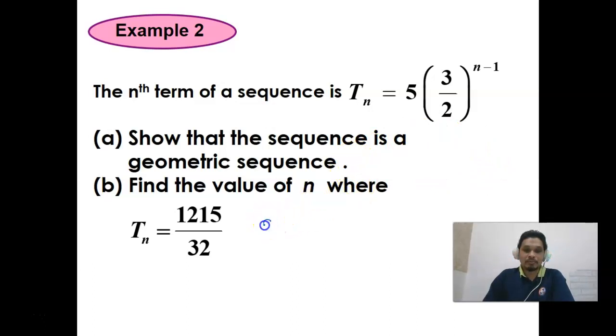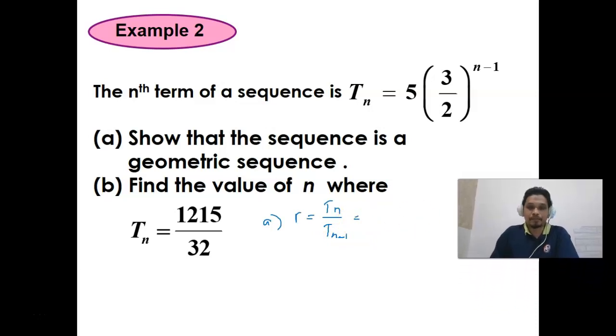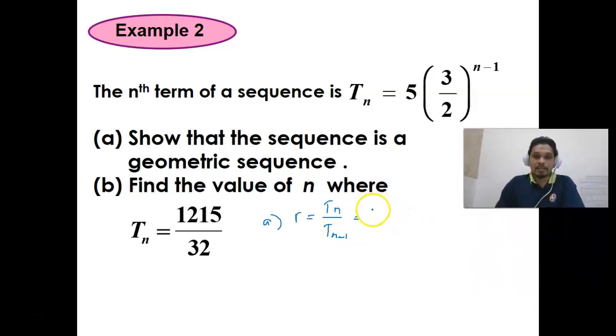let's find out where r equal to Tn divided by T of n minus 1. Okay, so Tn equal to 5 times (3/2) to the power of n minus 1, divided by 5 times (3/2) to the power of n minus 1 term.